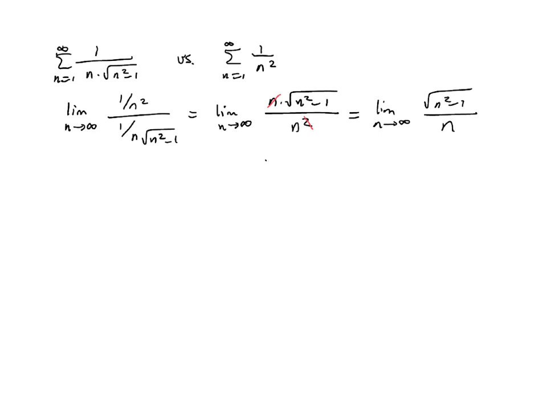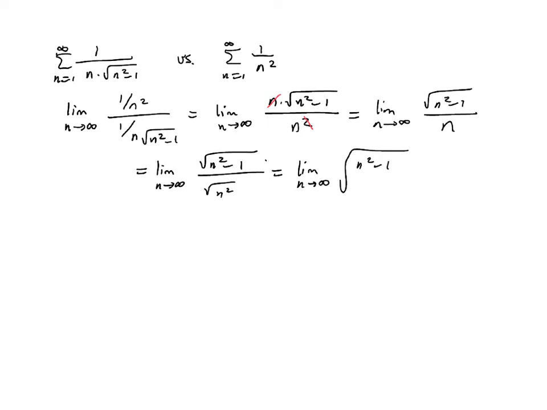And if I bring that n inside the square root, I end up with the limit as n goes to infinity of the square root of 1 minus the quantity 1 over n squared.